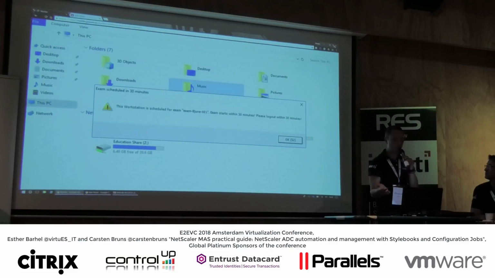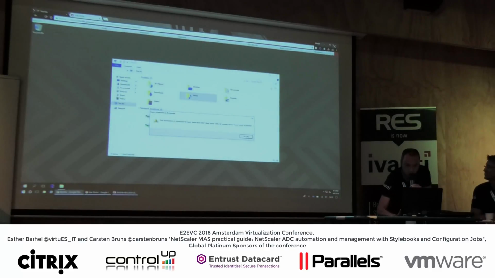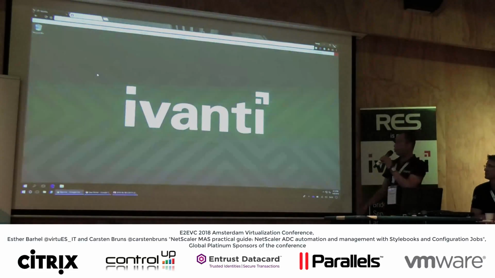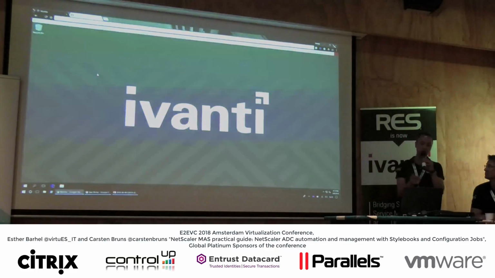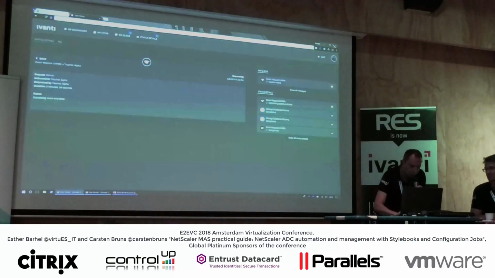Of course, this is not 30 minutes but 1 minute for this demo, and we're going to wait. And you will see that after this first message, the student can still work. We will be warned a second time, and the endpoints will be rebooted. The teacher is still informed.